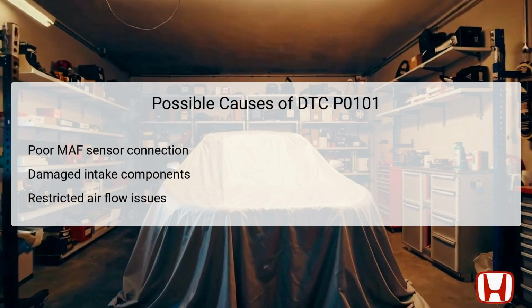Additionally, restrictions in airflow, whether from a clogged air cleaner or an improper installation of intake components, can lead to inaccurate readings. Every component plays a significant role. Therefore, it is essential to assess each one meticulously during troubleshooting to ensure an accurate diagnosis of the issue.